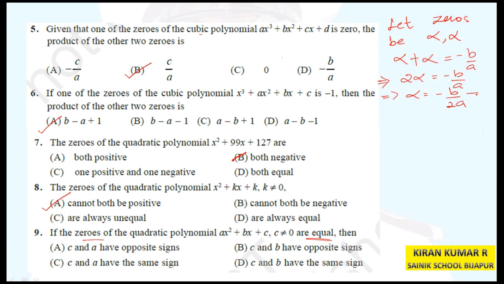Let me call this equation 1. Product of the roots alpha into beta is c by a. Since beta and alpha are the same, alpha into alpha will be c by a because the roots are equal. So alpha square we get as c by a.